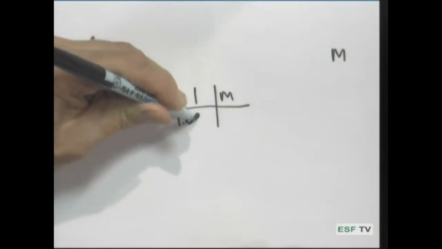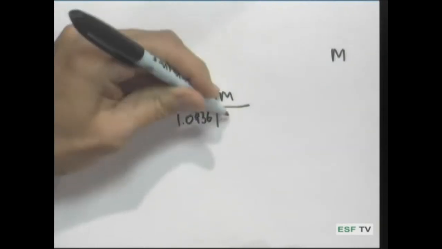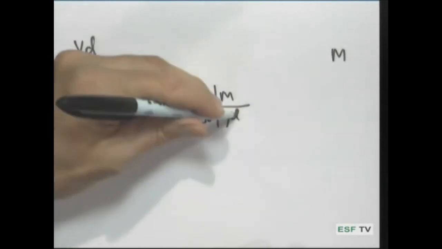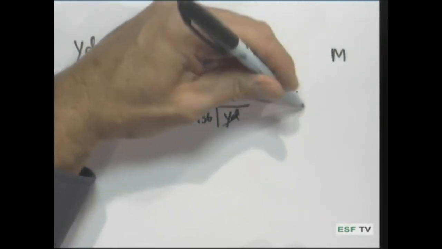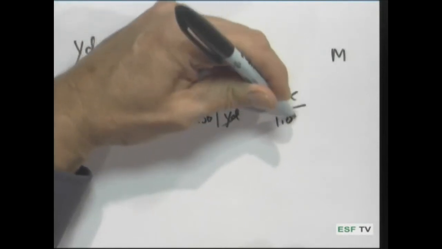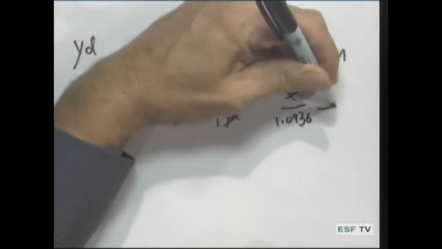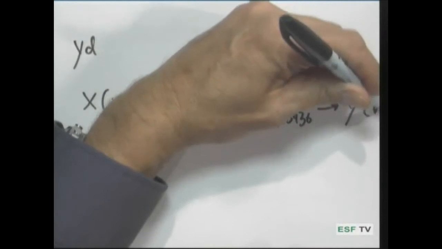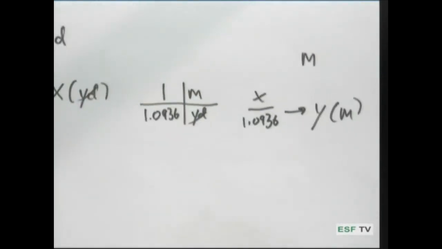There are 1.0936 yards per meter, and our yards cancel. Our conversion factor is going to be x divided by 1.0936, and that will give us a quantity y that is measured in meters now.